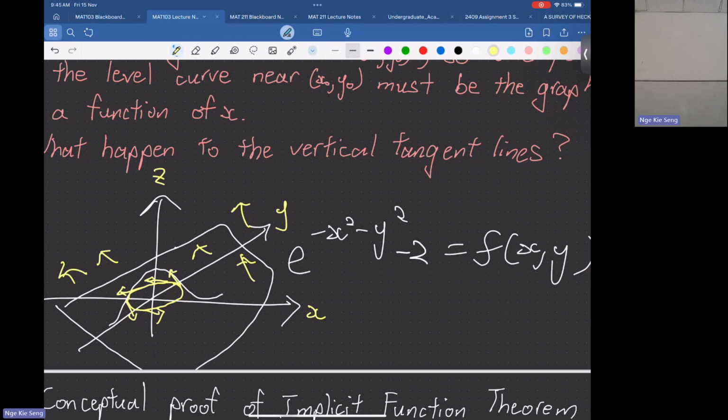If I want to find dy dx at a lower circle point, I don't want to include the points up in the upper circle. I just look at the lower circle. This is what we mean by sufficiently near: near such that you can write down the function.